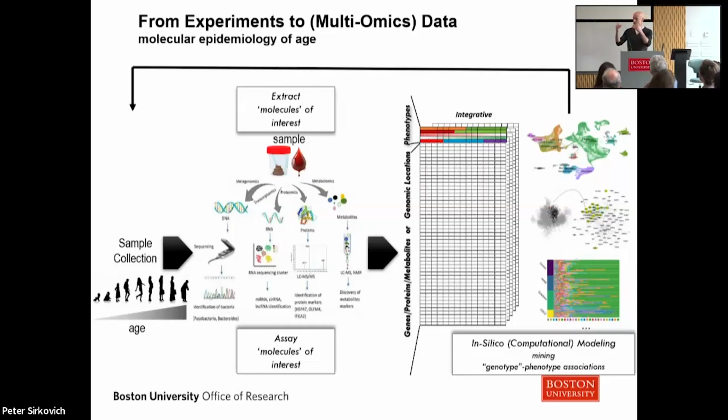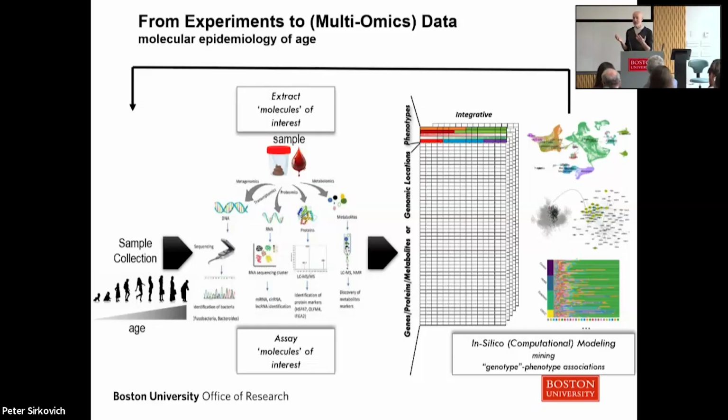Next, we extract key molecular entities, genes, transcripts, proteins, metabolites, microbes, from plasma and stool samples of age-stratified individuals that are annotated with multiple clinical traits of phenotype, including the cognitive deep phenotyping that Stacy has alluded to. And so this goes to fill in a massive data set, molecular features by subjects.